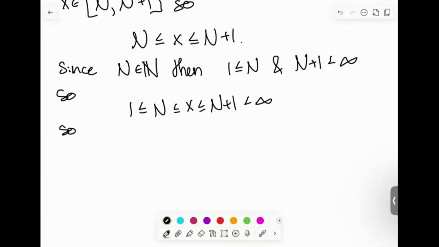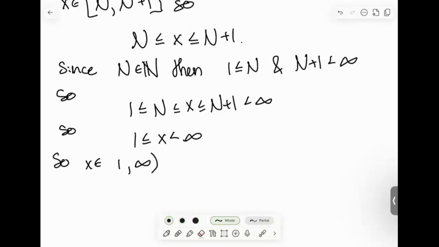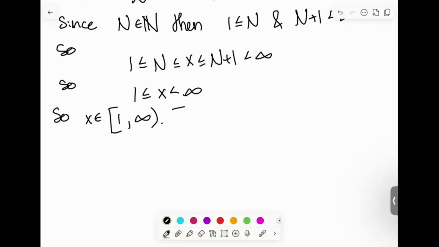So 1 is less than or equal to x, which is less than infinity. So x is in this set, and this is an inclusion of 1. Therefore, A is a subset of this interval.